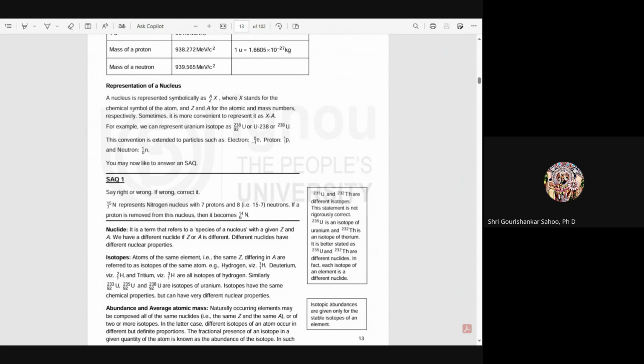The electron mass is very small compared to that of the proton and neutron, and it is placed as 0. For proton and neutron, it is nearly the same, and it is 1. And the charge of an electron is -1, hence in the subscript you can see -1. The charge of a proton is 1, so you have 1p1. And the charge of a neutron is 0, hence you have 1n0.